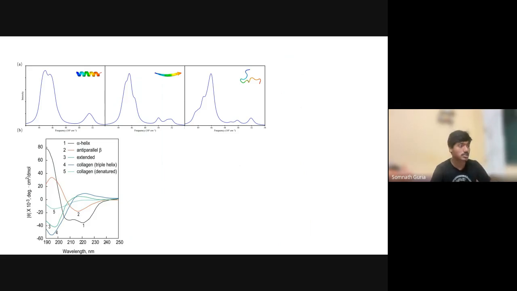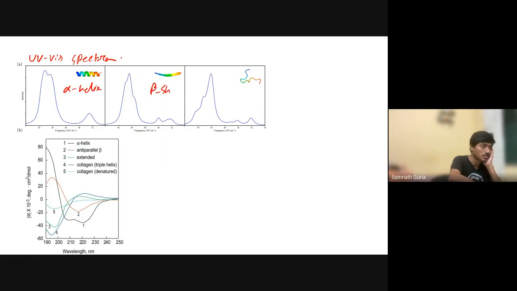Next, I am showing the UV spectra of three different secondary structures: one is the alpha helix, this is the beta sheet, and the random coil.